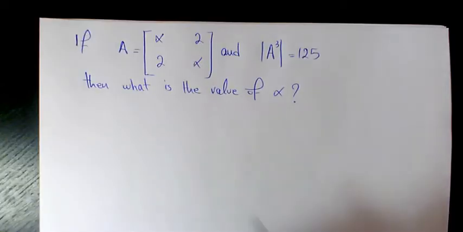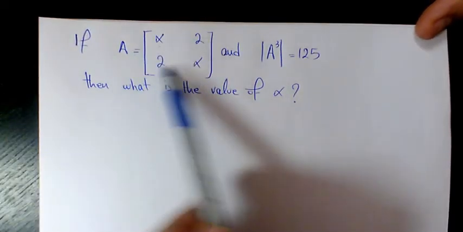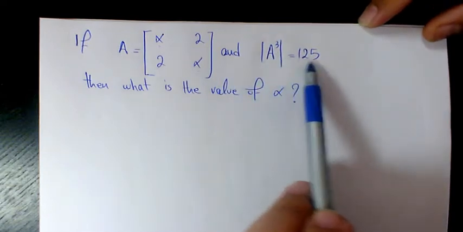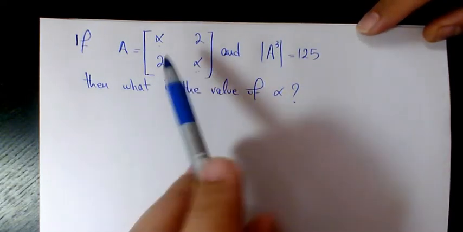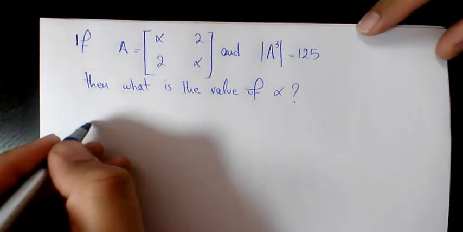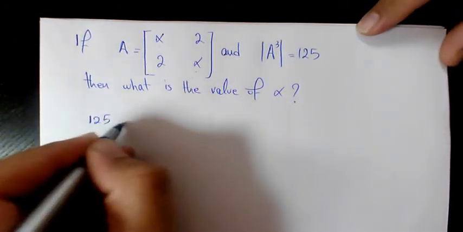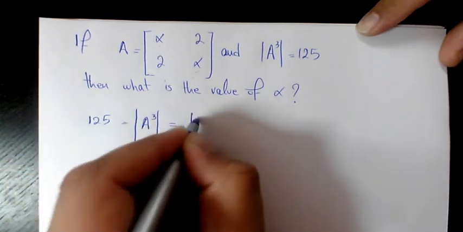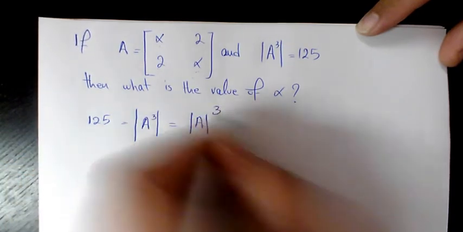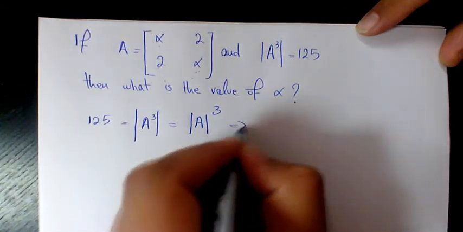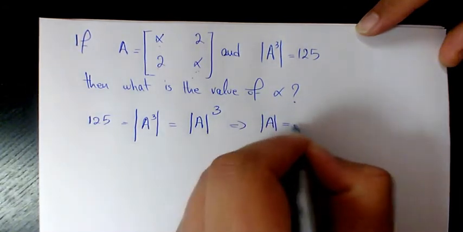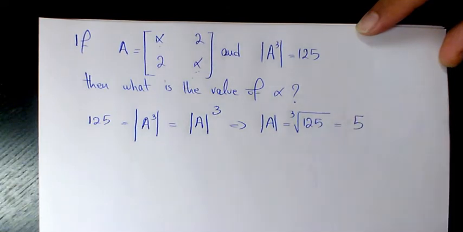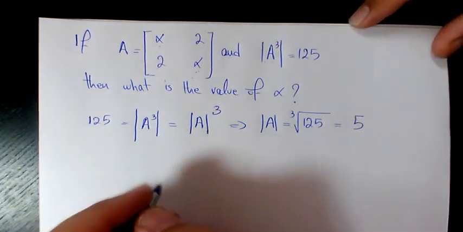Next example, it says A is alpha, 2, alpha, and the determinant of A to the power of 3 is 125. What is the value of alpha? So we can say 125 equals determinant of A to the power of 3, so the determinant of A is going to be the cube root of 125, which is 5, because 5 to the power of 3 is 125.